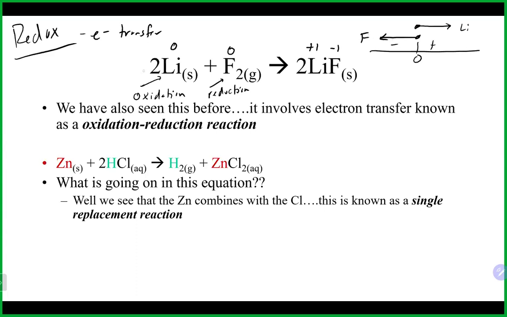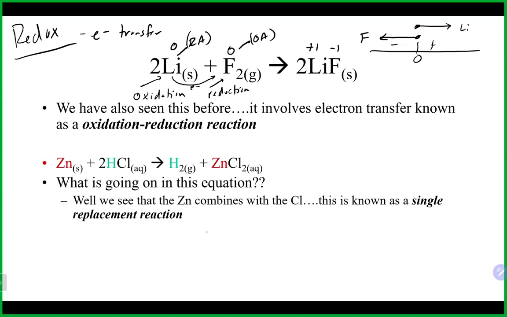This would then mean that the lithium is our reducing agent and the fluorine is our oxidizing agent in that case. And again, we have our electrons being transferred over to our fluorine. Lithium is a metal, fluorine is a non-metal. So once again, the metal here should go through oxidation and the non-metal should go through reduction.